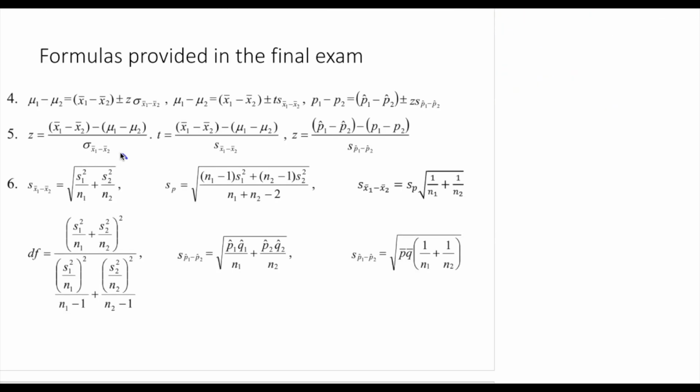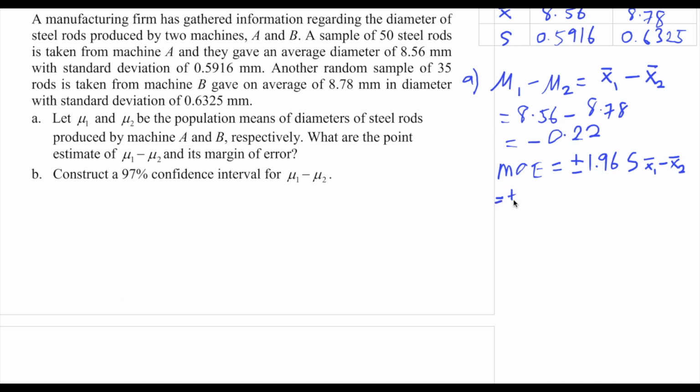So for large samples, the formula for the sample standard deviation of x bar 1 minus x bar 2 is square root of s1 square over n1 plus s2 square over n2. Let's rewrite that. This equals plus minus 1.96 square root of s1 square over n1 plus s2 square over n2.